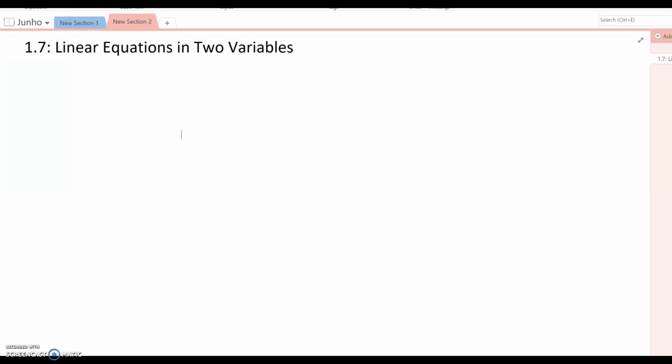Lesson 1.7 Linear Equations in Two Variables. So what's the general equation of the linear equation? You may think y equal to ax plus b, or y equal to mx plus b.